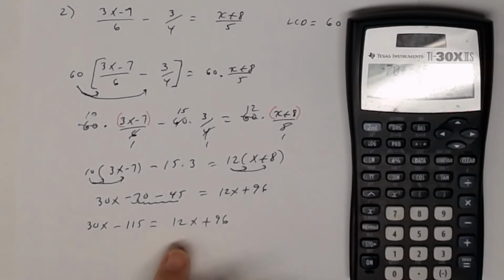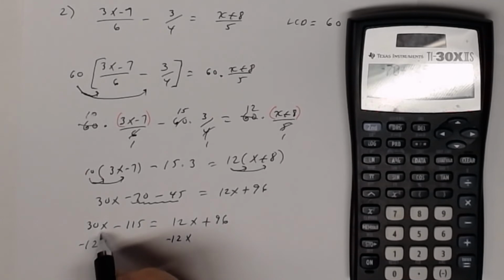All right, now, when solving a linear equation, you want to bring all the variables to one side, constants to the other. It does not matter whether you bring the variables to the left or to the right. I'm going to go ahead and bring the variables to the left. So I need to bring this 12x term to the other side. Since it's a positive 12x, I'm going to do the opposite, which is to subtract 12x.